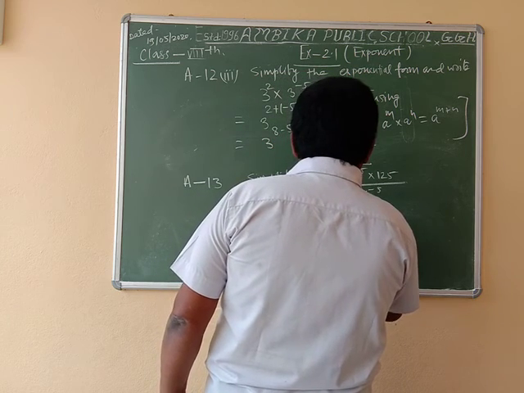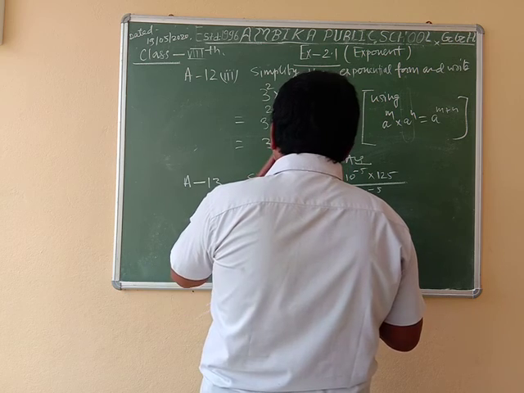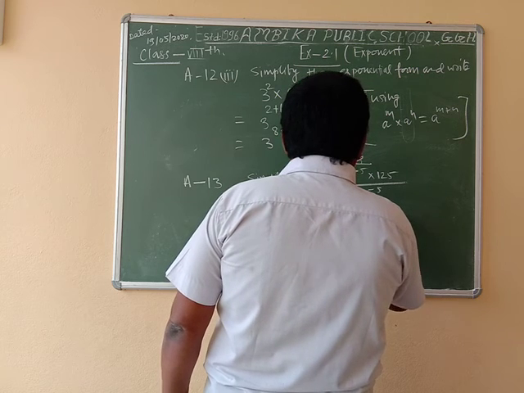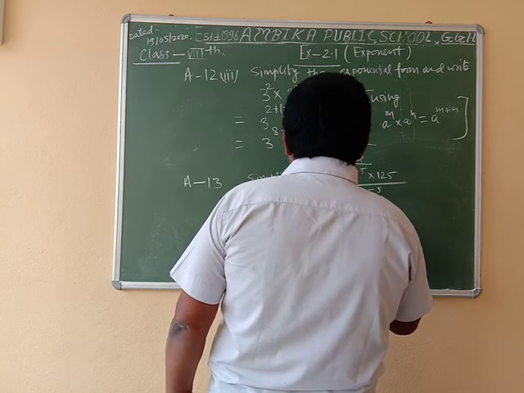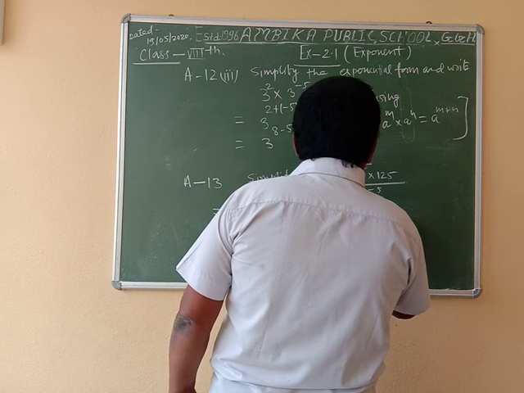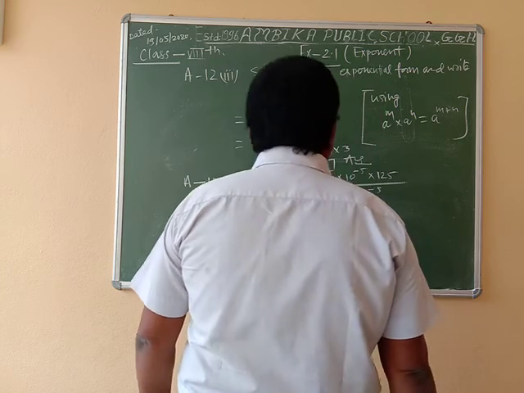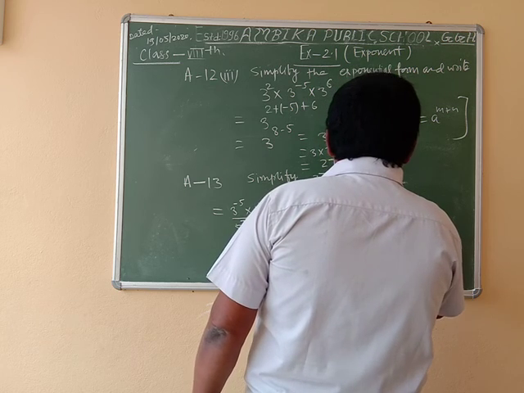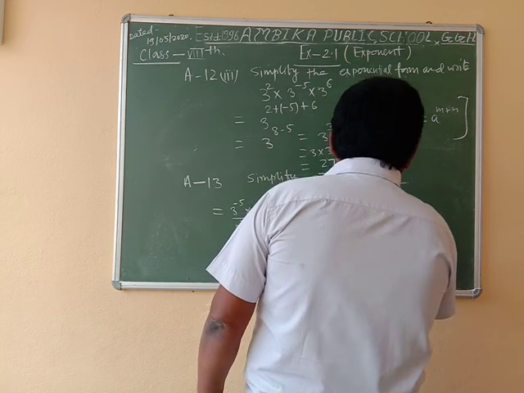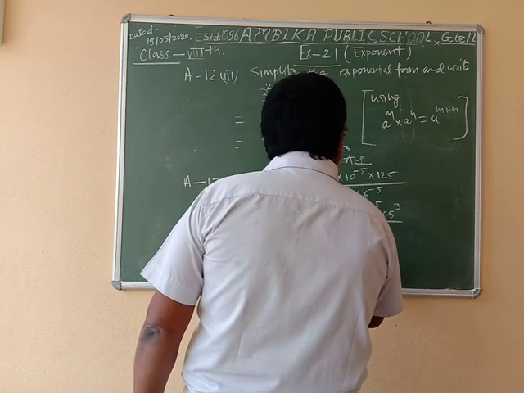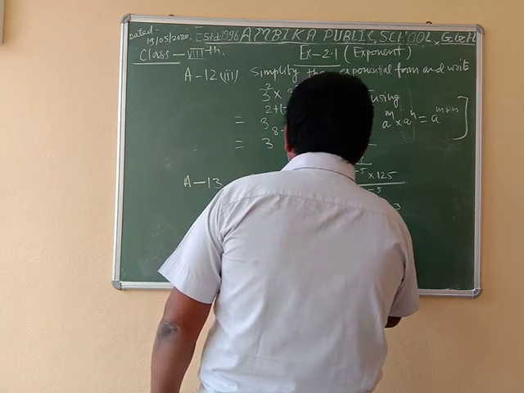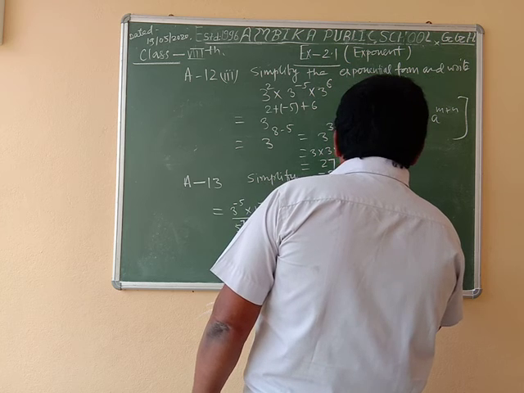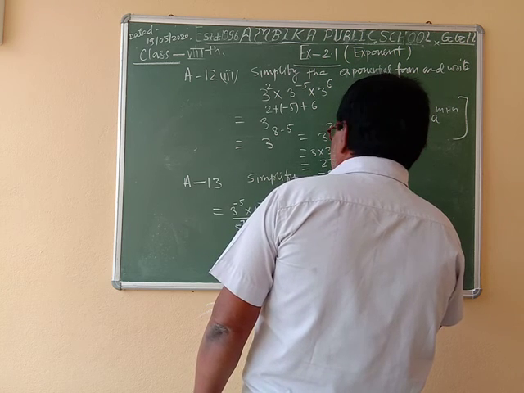We can write 2 into 2 to the power minus 5 into 5 to the power minus 5 into 5 to the power cube divided by 5 to the power 7 into 2 to the power minus 5 into 3 to the power minus 5.